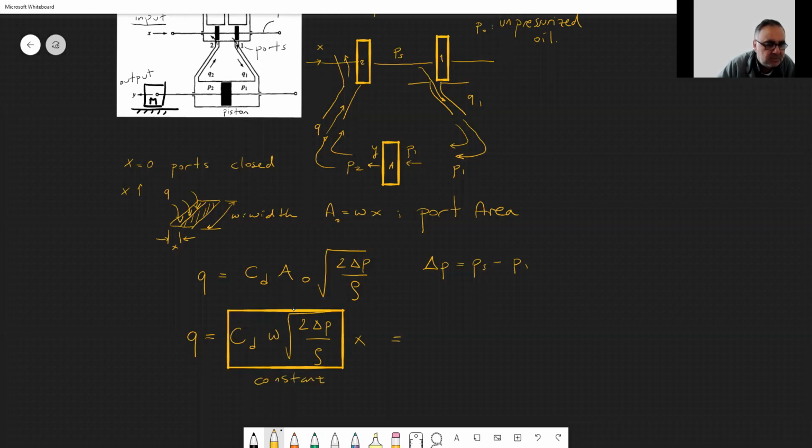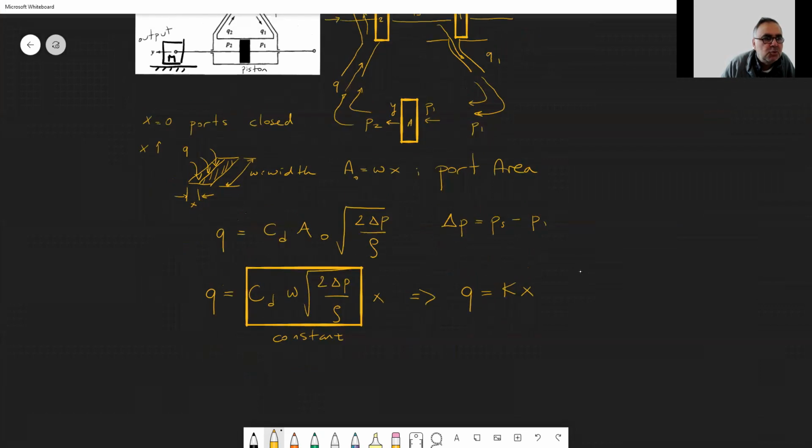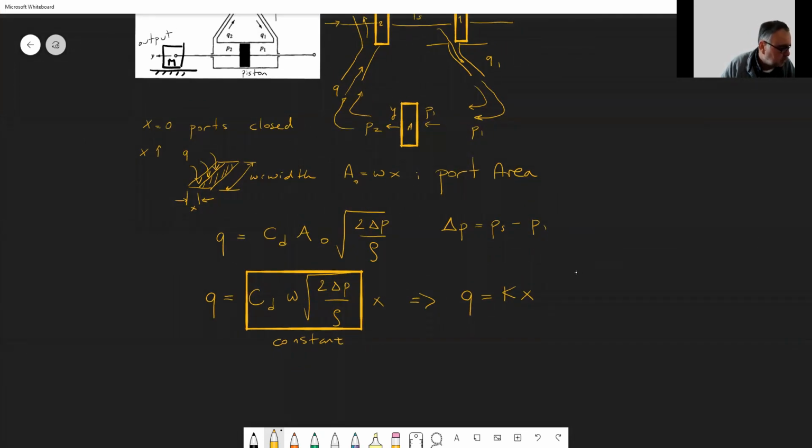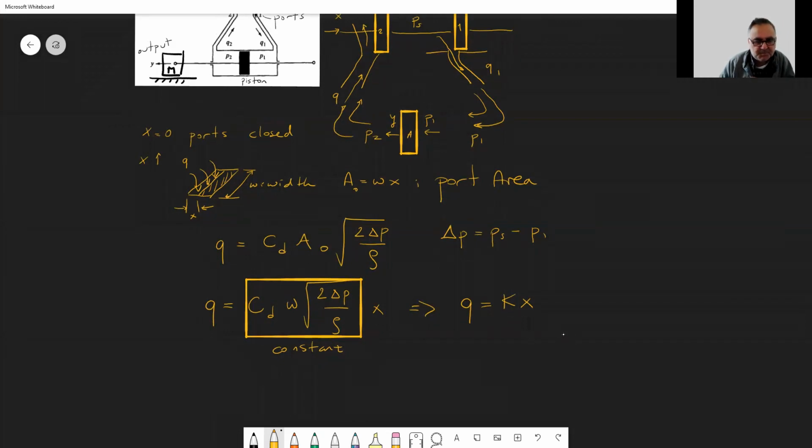So we can say that Q is equal to some constant times X. So the flow through the port is proportional to the opening of the port by the pilot piston. Q is proportional to X. That's what we know. Okay.